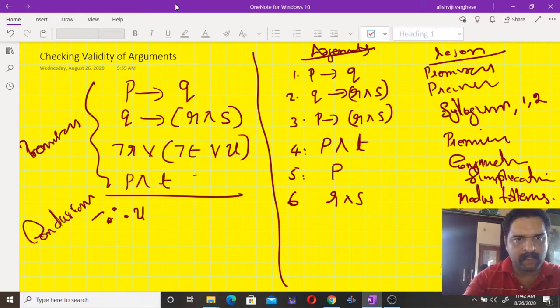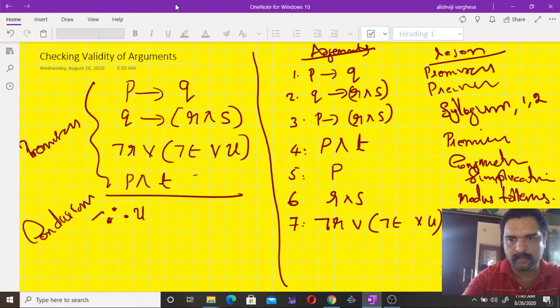Now, here we have the seventh premise, negation R or negation T or U. That's again our premise. Then from 6 we can conclude that R is true, because R and S is true. R is true by simplification from the conjunction.